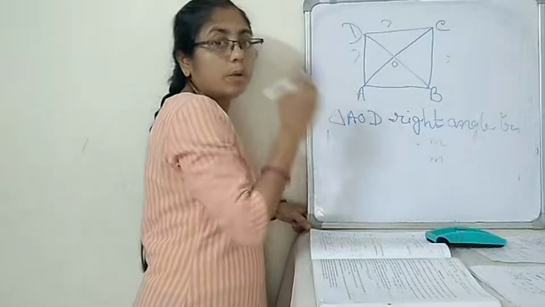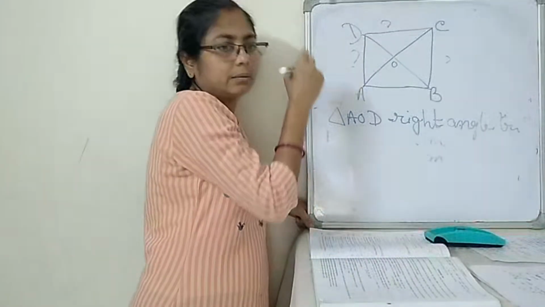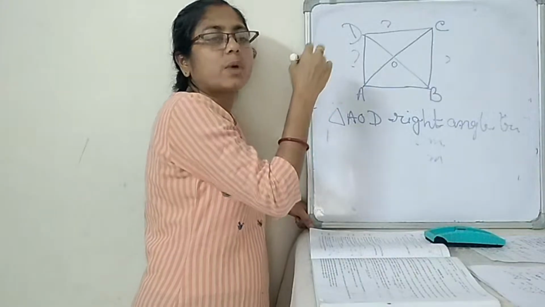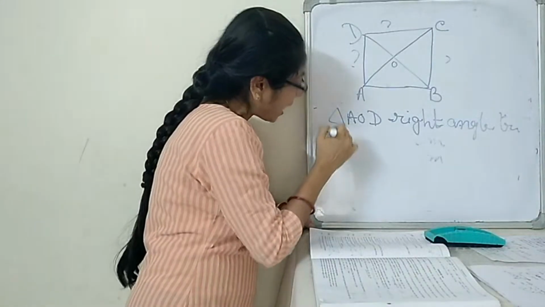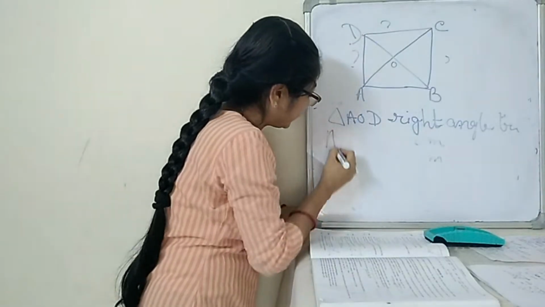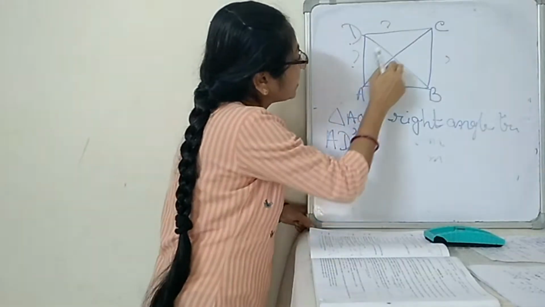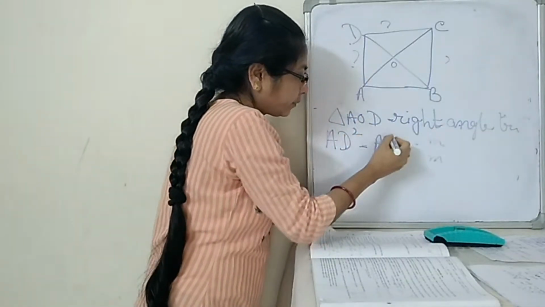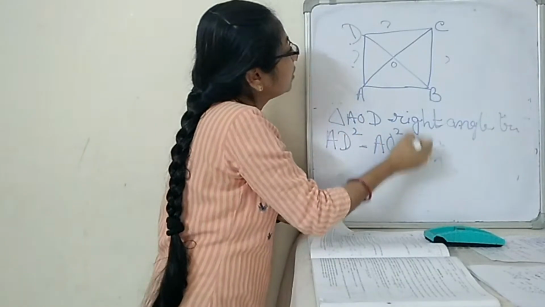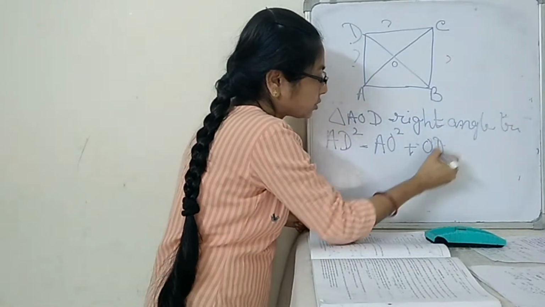What is the formula of this one? In a right angle triangle, hypotenuse square is equal to base square plus height square. So I write it: hypotenuse means AD. AD square equal to base means AO, AO square plus height means OD, OD square.